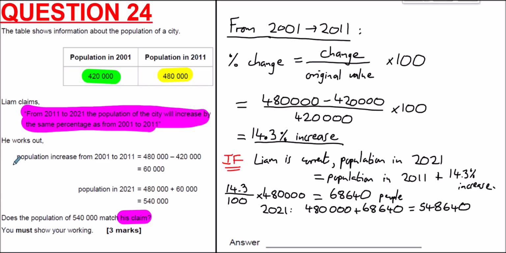But according to what he's worked out, he should be expecting 540,000 people. And so this is different. This is not what he worked out. So essentially, it doesn't match his claim.